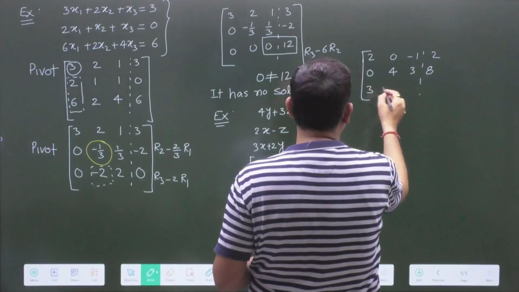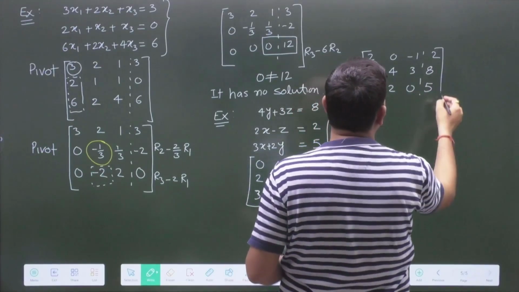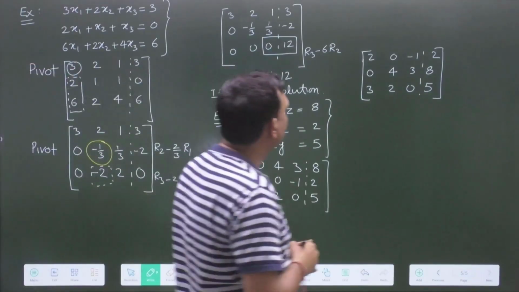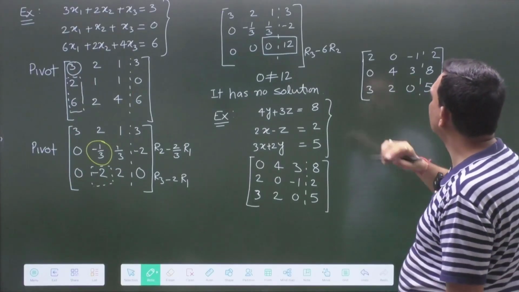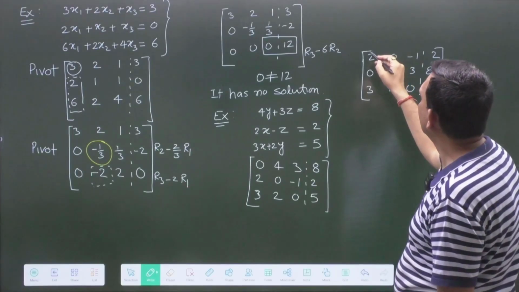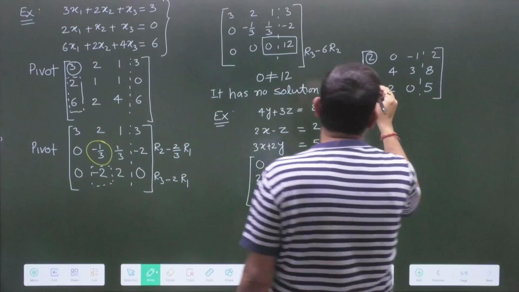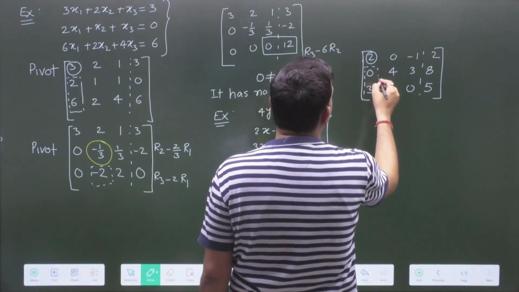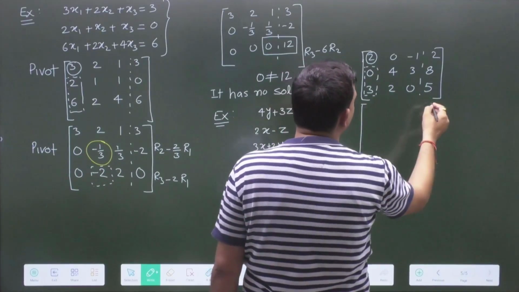And then you have 3, 2, 0, and 5. Now, this is the pivot row, and eliminate zero here. So what will be next step?